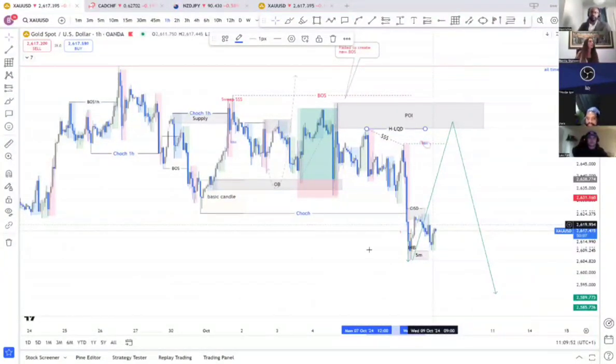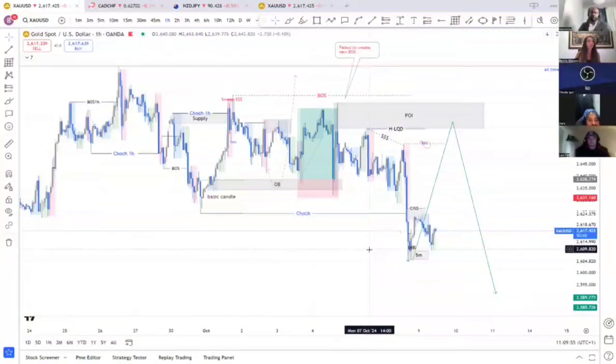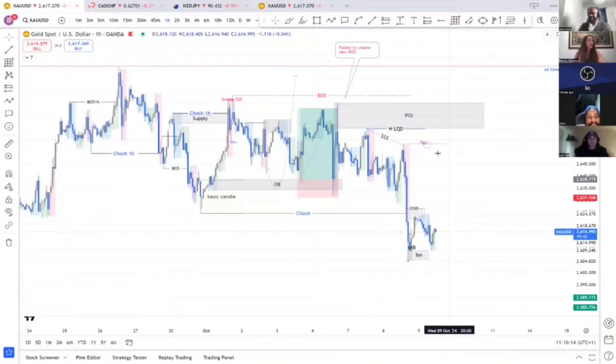And then, in order to take a trade, I always wait for a confirmation. So let's presume the price reached our zone like this. This is now 15 minutes, right? If we want to take a setup on the 1 hour time frame, we look for confirmations on the 5 or 15 minutes time frame.